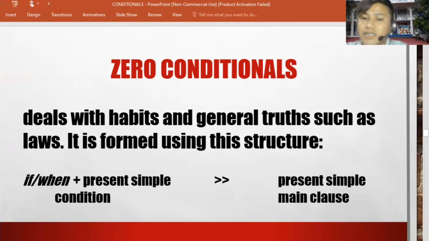So how are we going to form our zero conditional in our sentence? This is our pattern. It starts with if or when. We are not always using if; we can use when as an alternate for the condition. Plus the present simple. When we say present simple, we are talking about the verb.